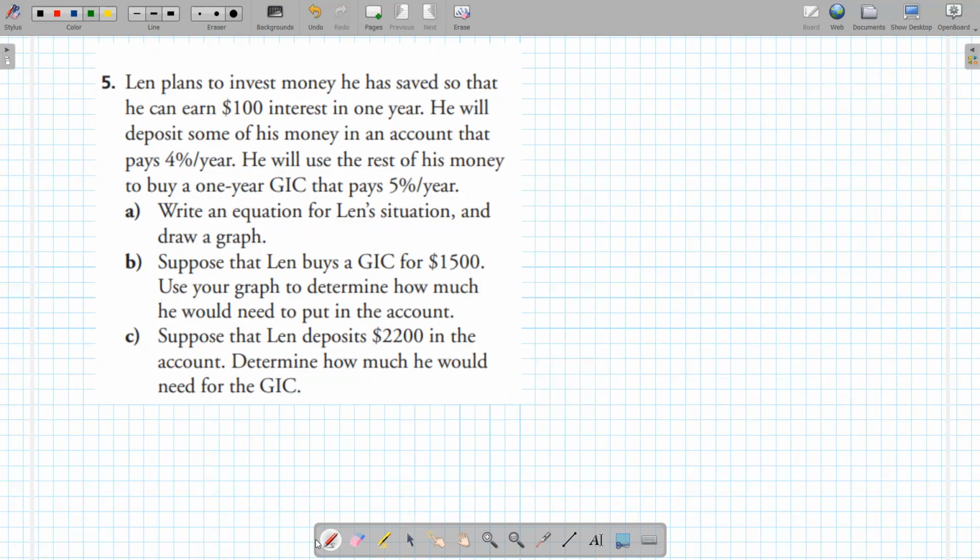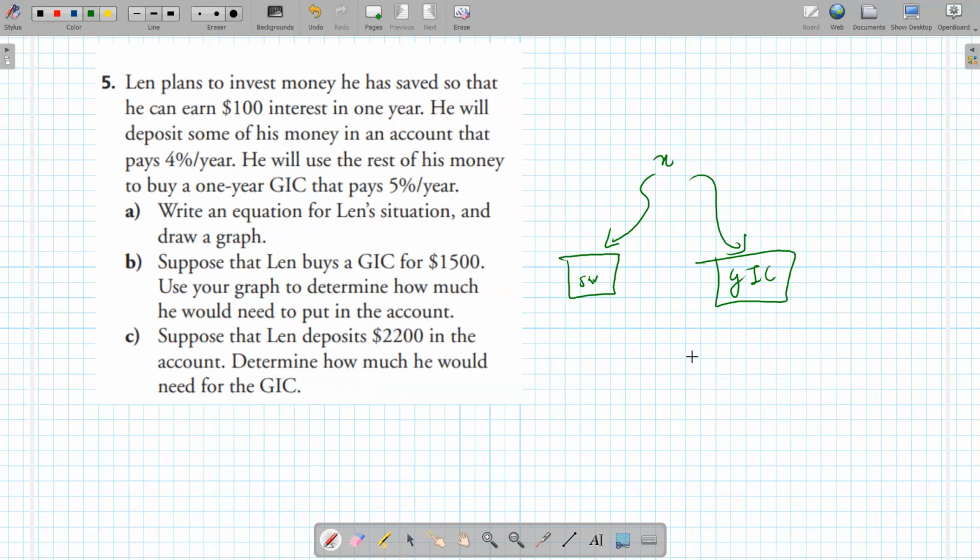So he's putting it into two different things, okay? He has some money, which we don't know what it is. He's gonna put some of it in, looks like a savings account, and then he's gonna put some of it in a GIC, which is kind of like an investment.